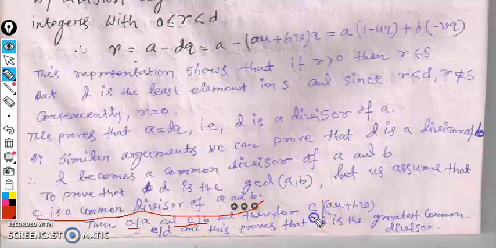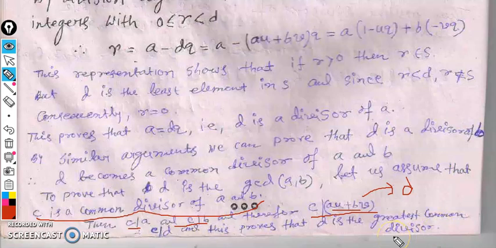Therefore c is a divisor of ax plus by, which is a linear combination of a and b. This expression is nothing but d. So if c is a common divisor of a and b, then c divides d, which is the greatest common divisor. This proves that d is the greatest common divisor.